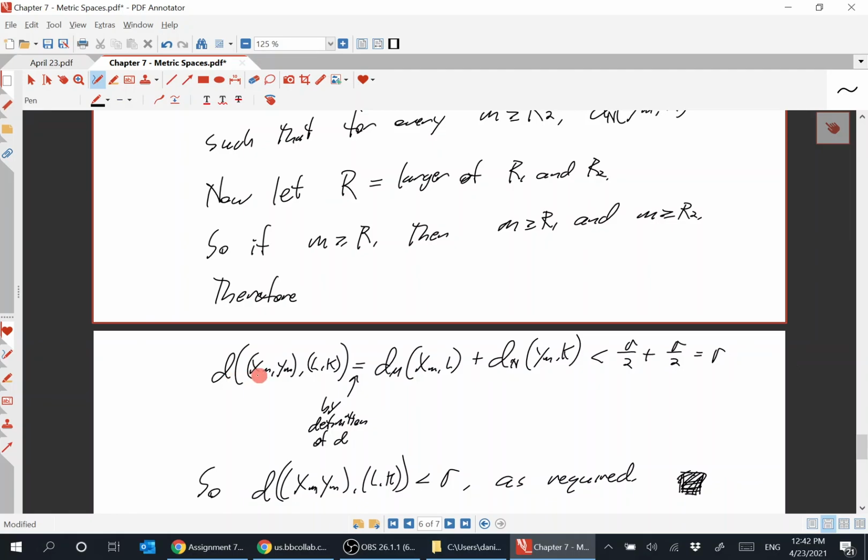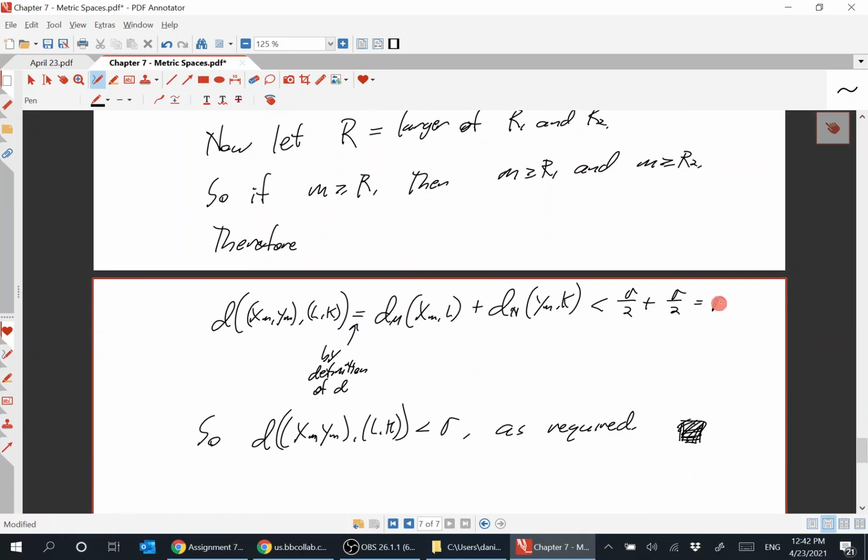So since you exceed both R1 and R2, we now get the following. The distance of (xm, ym), that pair in the Cartesian product M cross N, to the point (L, k) is, by the definition of the metric d, the distance in M from xm to L plus the distance in N from ym to k. Well, this one is less than r over 2, and that one's less than r over 2. Together, their sum is less than r over 2 plus r over 2, which is just r.